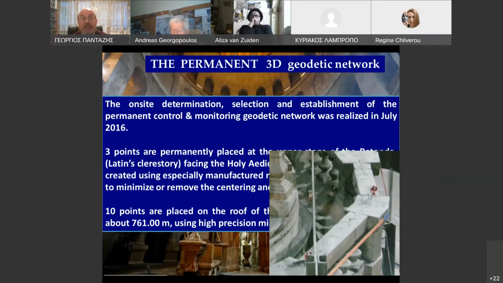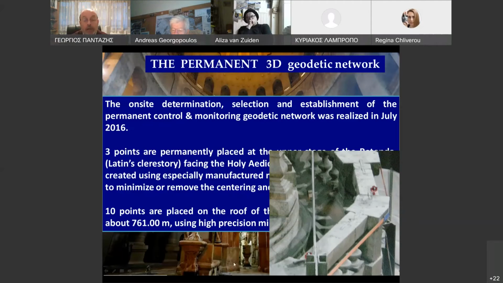This geodetic network was realized in July 2016. This network consists of 3 points which were placed at the upper stage of the rotunda.